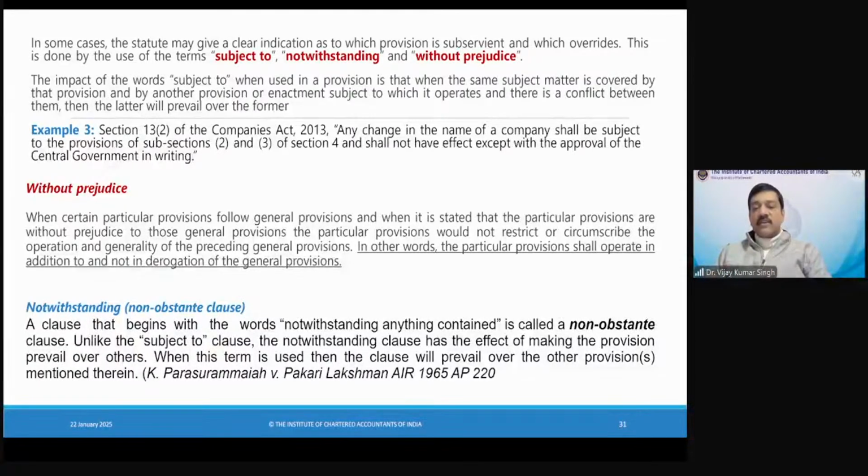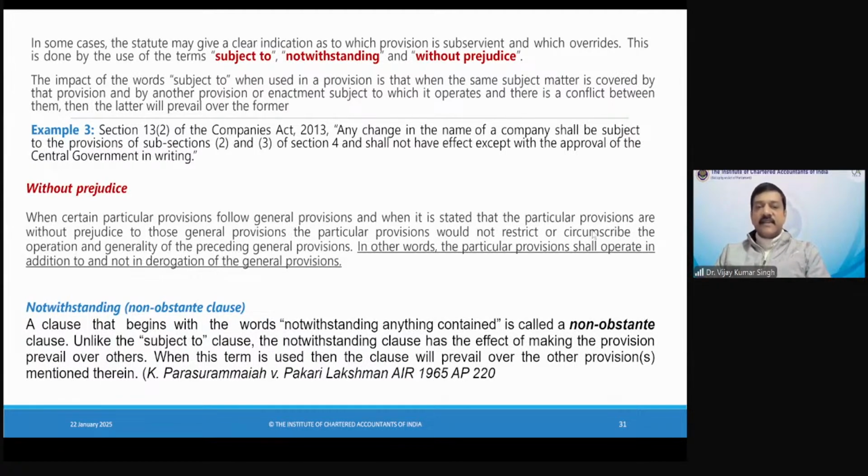So if the word notwithstanding is used, it will prevail over the other words. It says notwithstanding so and so, this will be done like this. If I say notwithstanding my previous arguments, the argument made in this particular slide prevails. That means whatever I have said so far will be giving way to the present slide. This is what notwithstanding means.